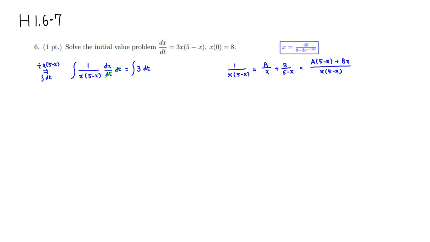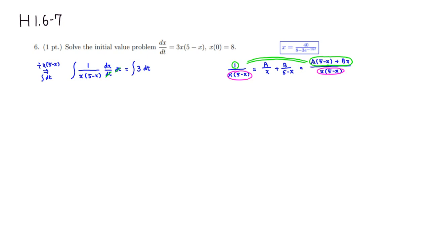We just have to make sure the numerator matches with this numerator on the right. We are basically setting these numerators equal to each other, because the denominators are already matched. The easiest way to find a and b is to plug in convenient numbers.